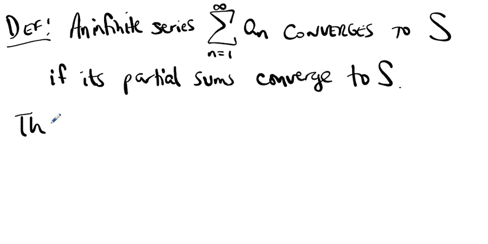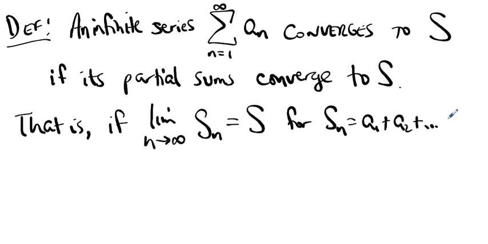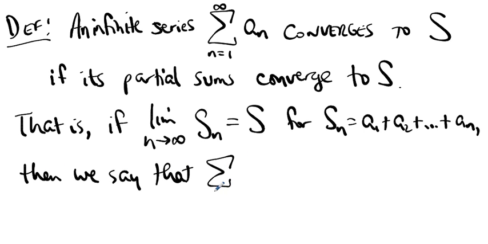That is to say, if the limit as n goes to infinity of the partial sums is s, where s sub n is a1 plus a2 plus all the way up to an, then we say that the sum, as n goes from 1 to infinity, of a sub n is also s.